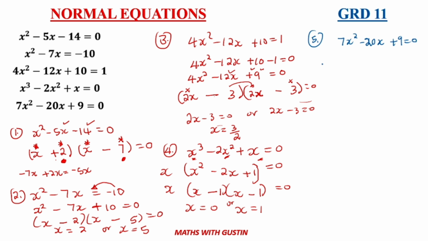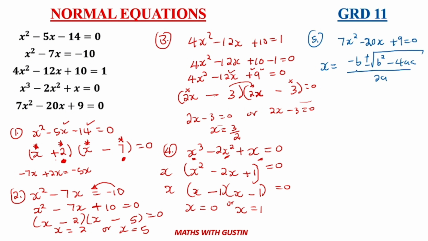What does the quadratic formula say? x is equal to minus b plus or minus the square root of b squared minus 4ac, all over 2a.